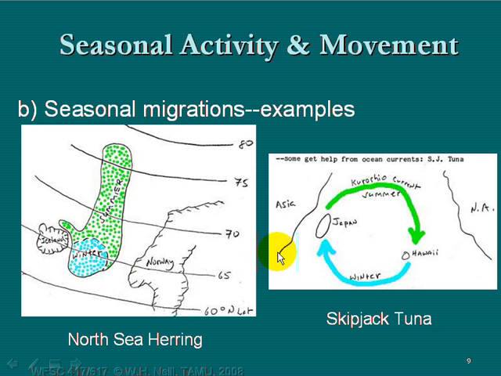I wrote a paper one time talking about the fact that maybe movements like those demonstrated by skipjack and certain salmonids may be originally entrained as environmental regulatory movements, reactive type movements that then become predicted, and after a while the movement is entrained, and it would occur even in the absence of any seasonal change in thermal regime.